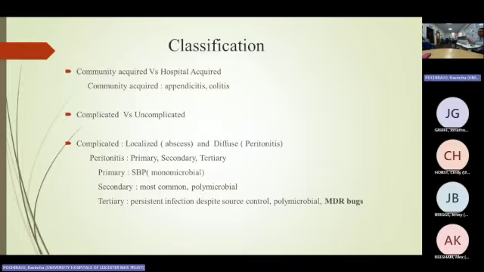Tertiary peritonitis is, again, something which you will see mainly in intensive care units. So these are patients who have had source control, who have had antibiotic therapy, all the resuscitative efforts relating to sepsis, but then they still have collections in their abdomen, which are there despite all of this. So these are the patients who are at high risk of developing multi-drug resistant bugs.